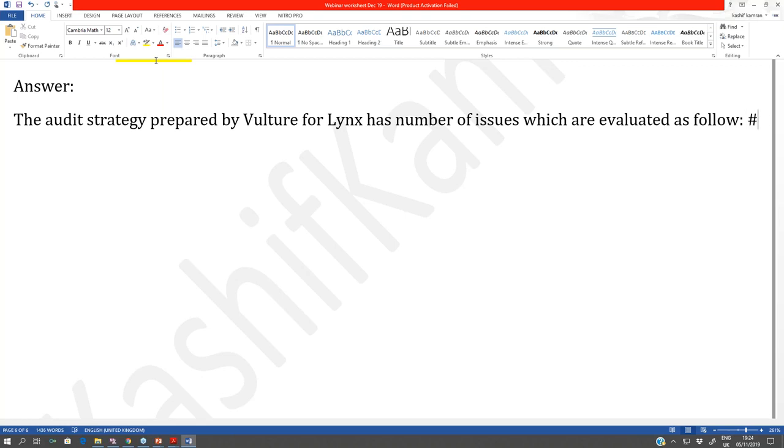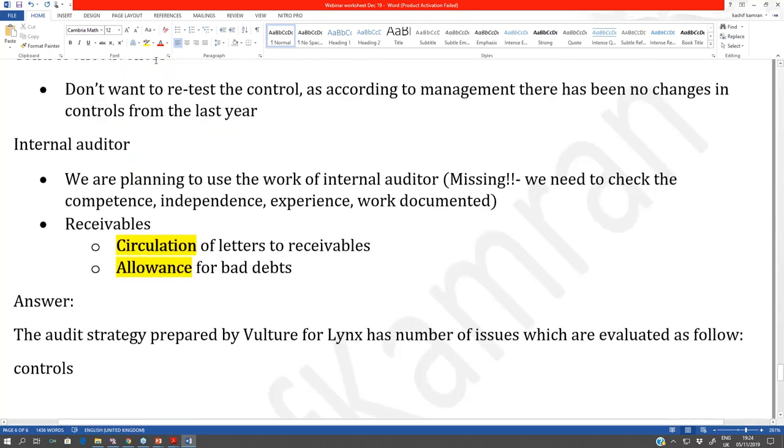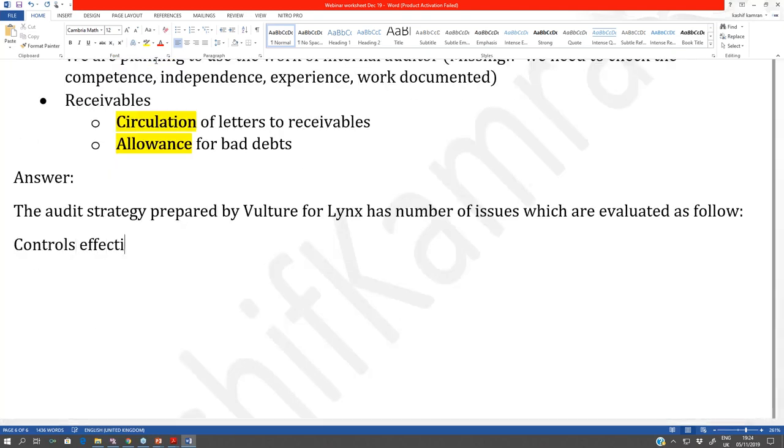Number one was the control effectiveness. And within control effectiveness, we had many problems.